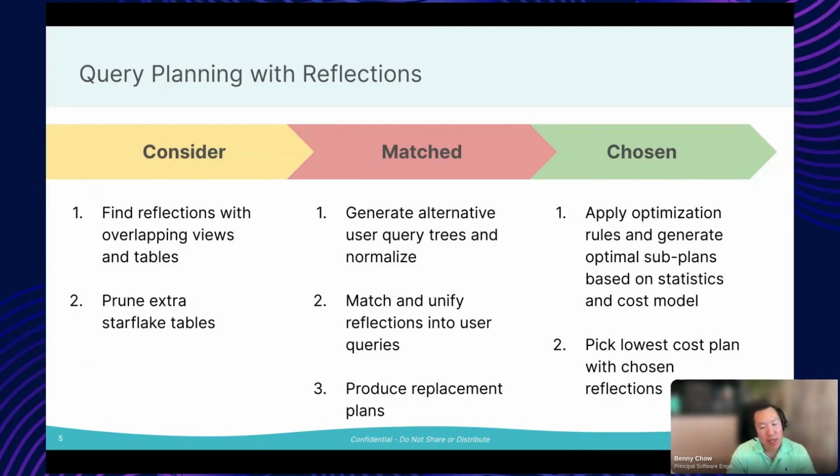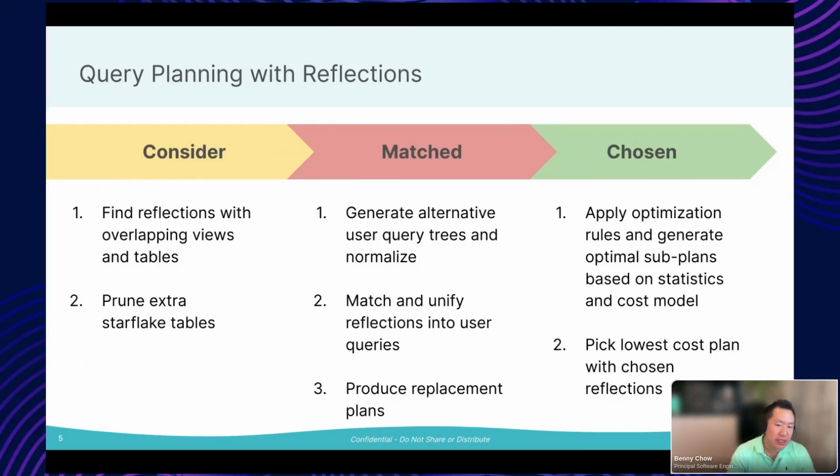Another thing we'll do is rewrite the original user query into alternative forms so that we can match the reflection into this new form. One example is called the agg join user query alternative. I'm going to demo and talk about this one on the next slide, and this is how we match the aggregate reflections.